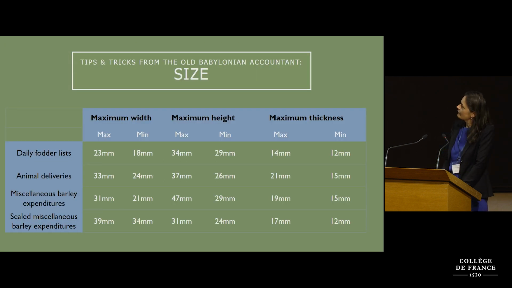So when we put these measurements together, the most telling part is the thickness. These daily fodder lists really are very small, very thin compared to the others. The miscellaneous barley expenditures, the sealed ones, I'm sorry, are quite thin as well, have a little bit of a larger range, but they don't weigh very much either.